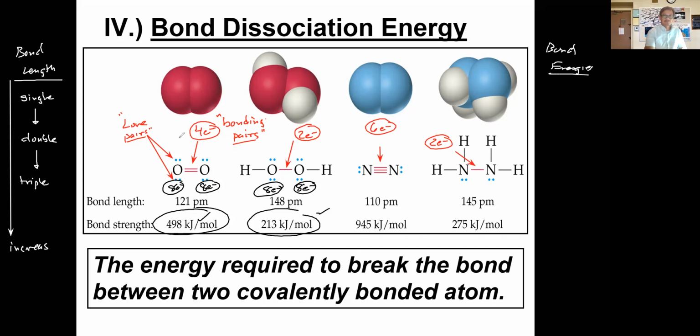Sorry, I said increases. That decreases as we go down, so the triple bond is the shortest of the bonds.